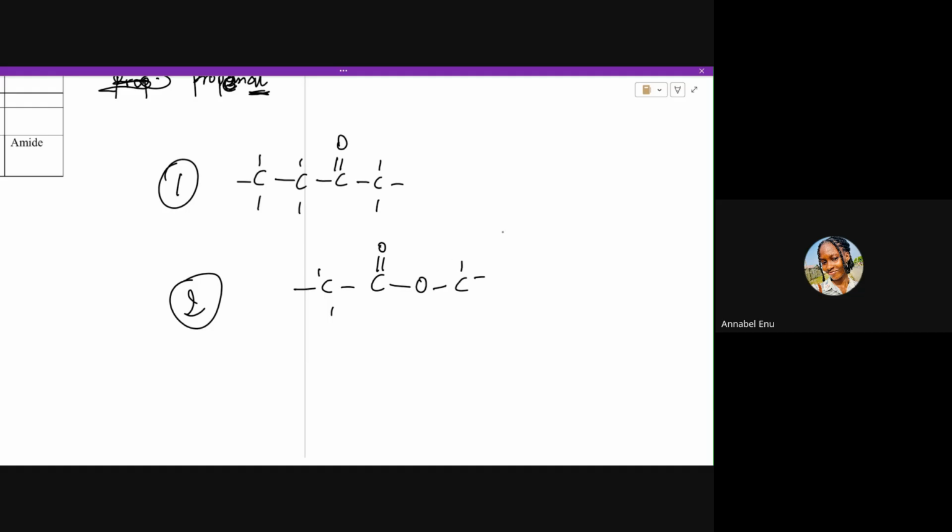Ether has the functional group O, so an alkyl group is here, an alkyl group is here. It's different from ester. Ester has this functional group COO, so an alkyl group is here, carbon to two oxygens, and then the oxygen is to the next carbon. So this first one is ether, and this is ester.